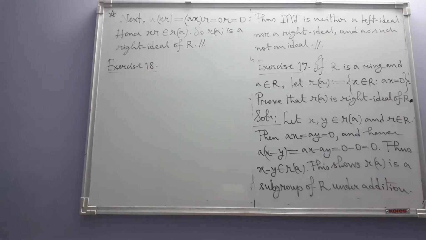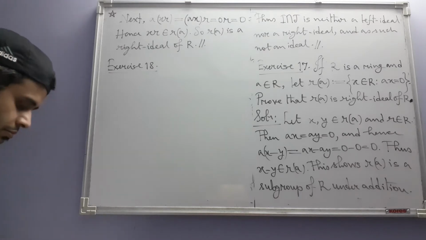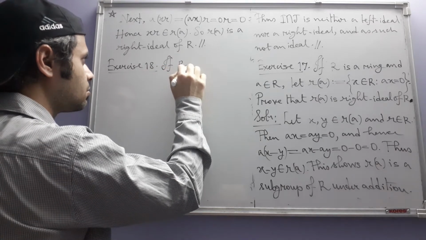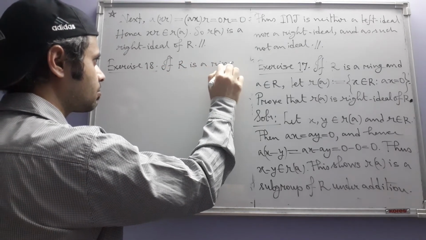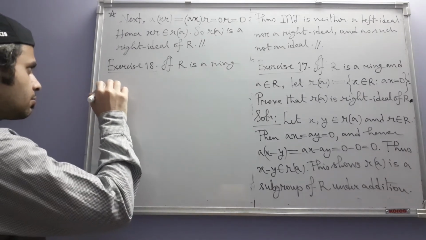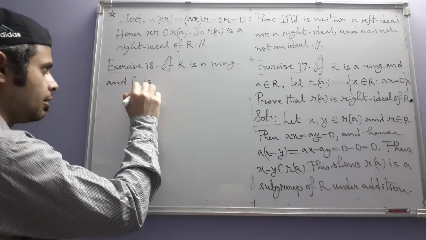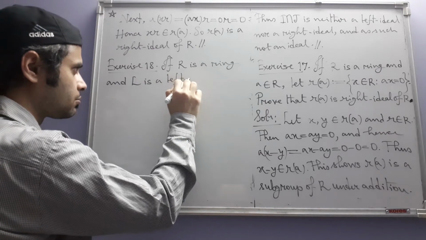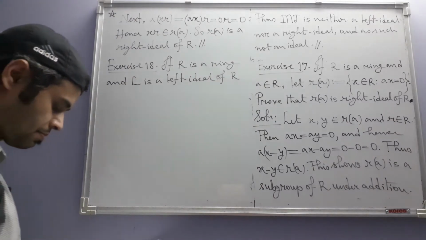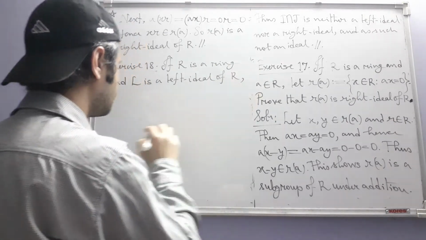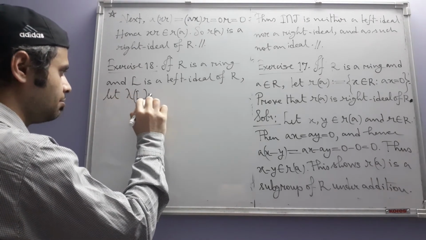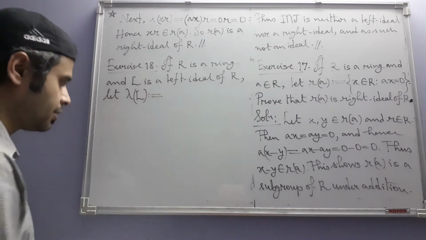Exercise 18. If R is a ring and L is a left ideal of R, let lambda L, it's a symbol, lambda L, again we are going to define a set.